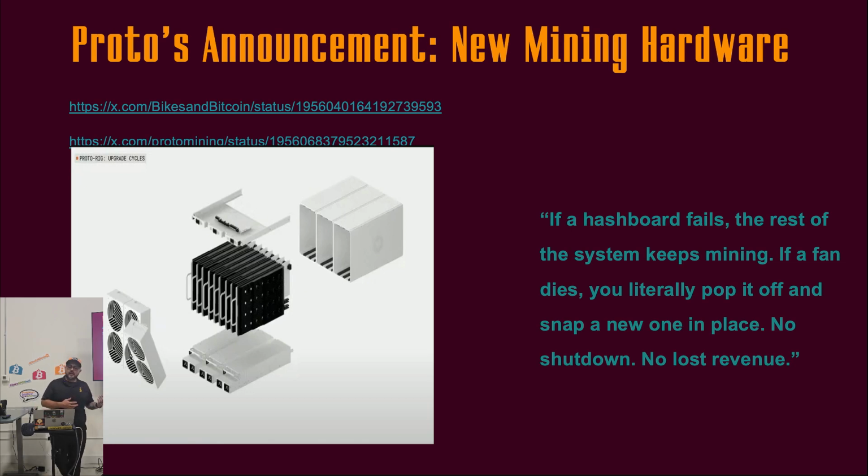It got to the point where ASICs was the only way to mine Bitcoin, and that's what we see today with these 30-pound clunker boxes, and they're all a variation of the same design. And it's kind of been a problem, and it's something that Proto saw, and I think they went after that specifically. So what they're doing is making it a much more modular design.